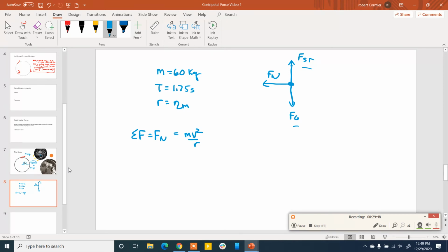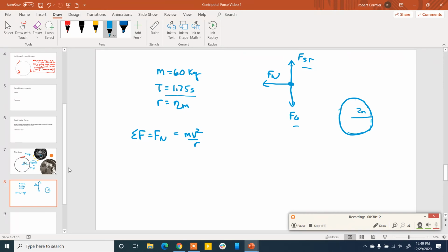Now, we have to get the person's speed. That's the one thing we don't have, because what we have is a period. We have the time. But we know it's a circle that's 2 meters. So if the radius is 2 meters and they do this all the way around in 1.75 seconds, well, then what do we need? We need the circumference of this circle.